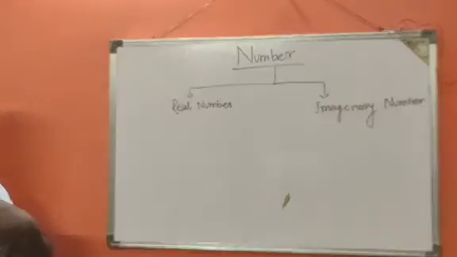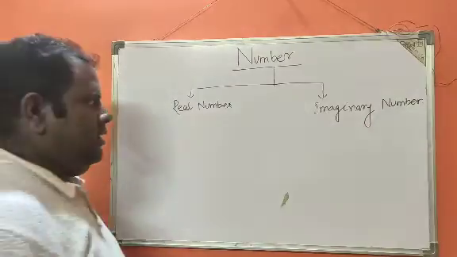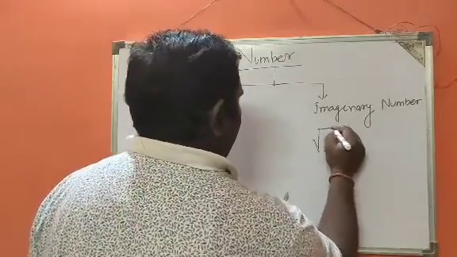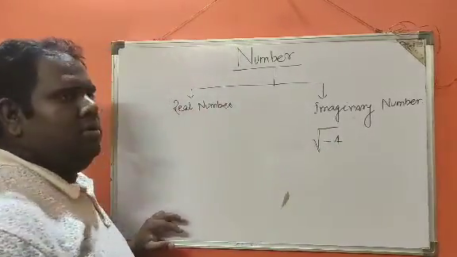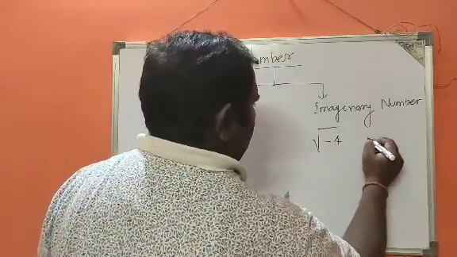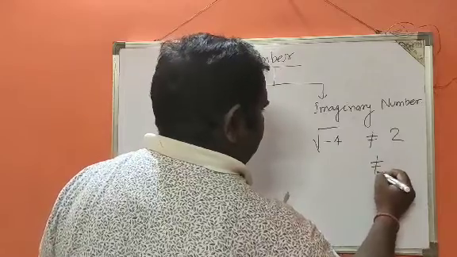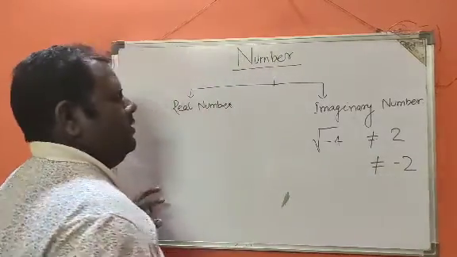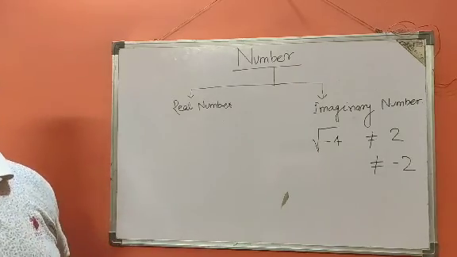For imaginary number, just tell me the value of root of minus 4. Root of minus 4 is not 2 and not minus 2 both. We cannot find the root of minus 4.